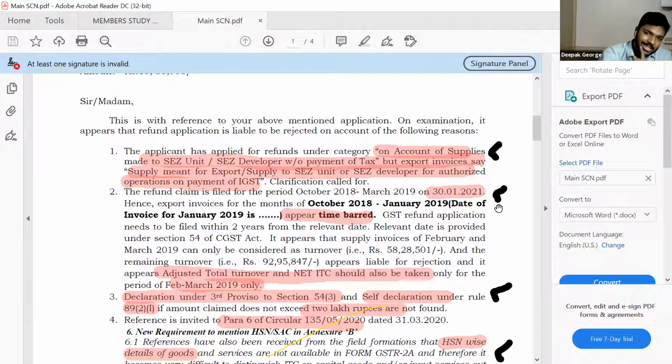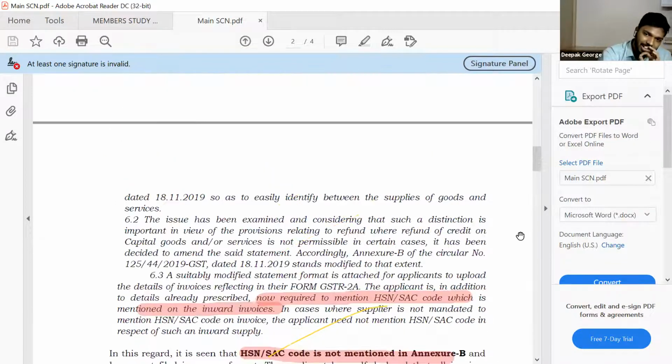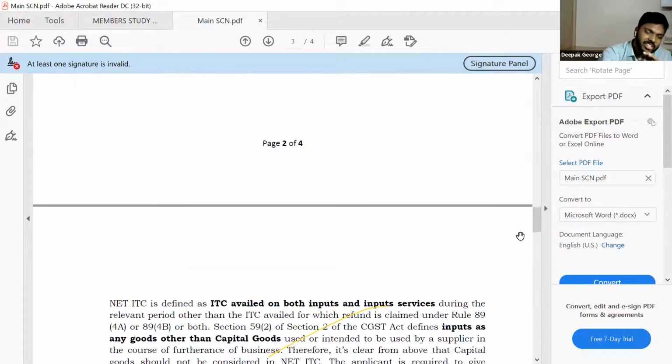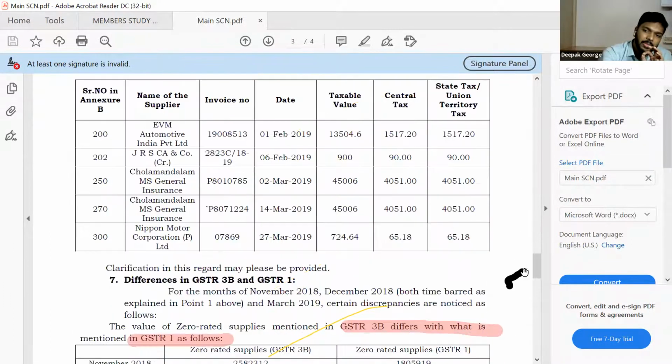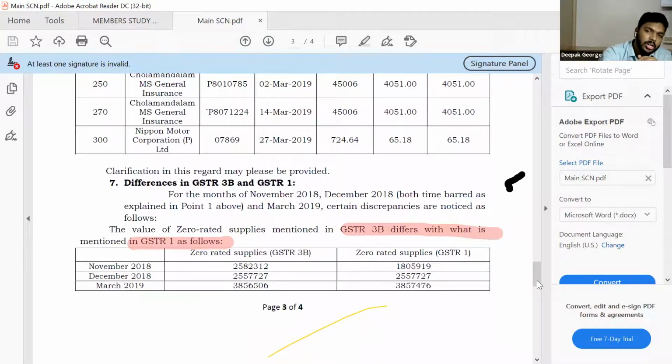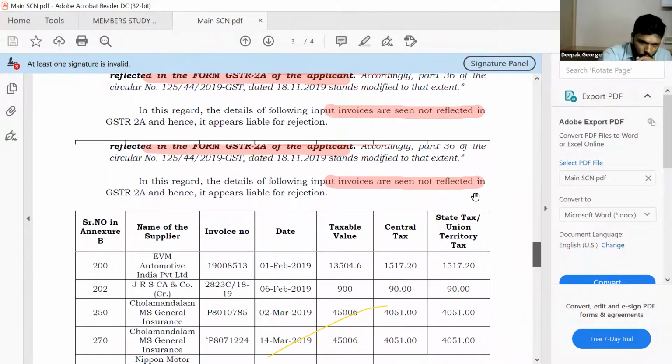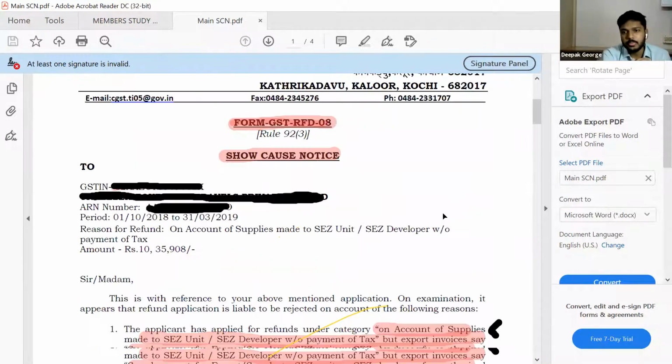But no, this guy actually went into depth. He has referred to all the rules, circulars and notifications, and up to the latest notification and circular, he has marked out all the areas why he thinks this SSC should not get the refund. Let's go one by one quickly.